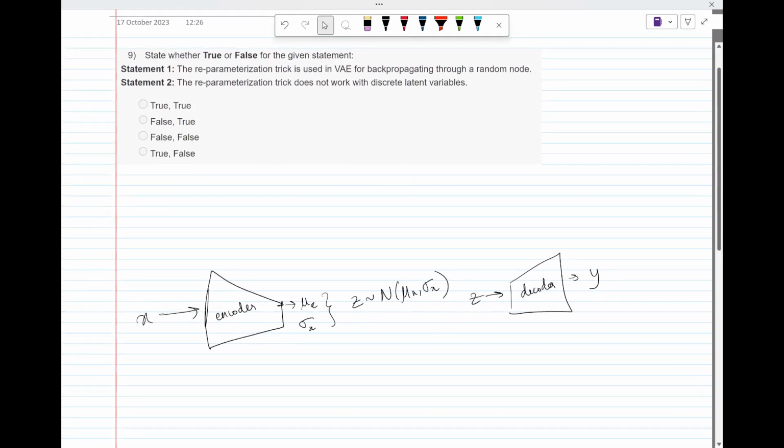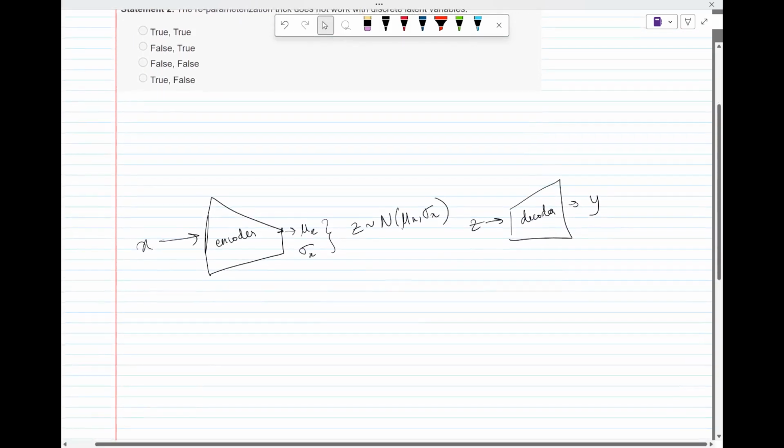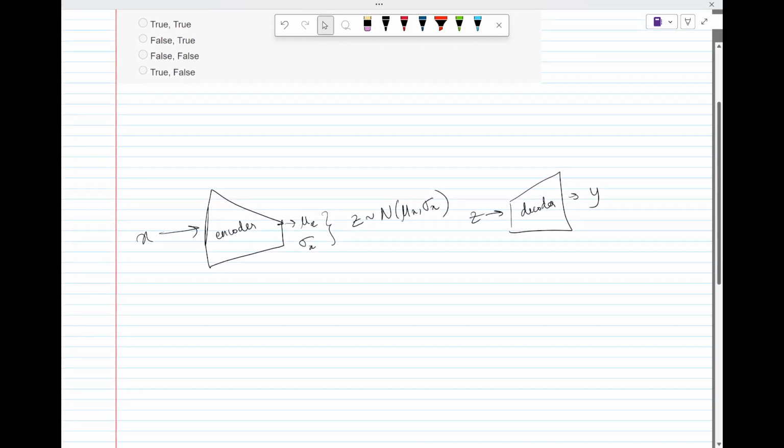Now what is the reparameterization trick? When you are doing backpropagation, the z is a random variable which you are computing from your mu x and sigma x.